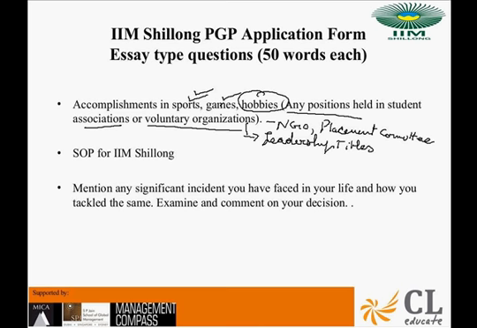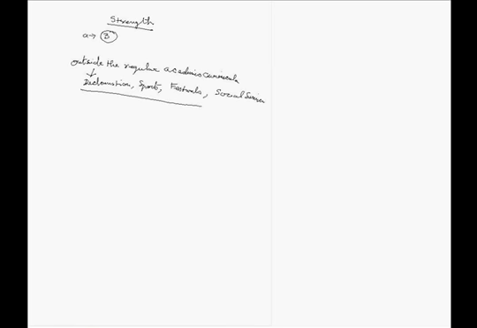Now coming to your SOP question. So let me first share a whiteboard again with you and let's talk about an SOP. The full form is statement of purpose. So when we talk about the SOP, what do we have to talk about?